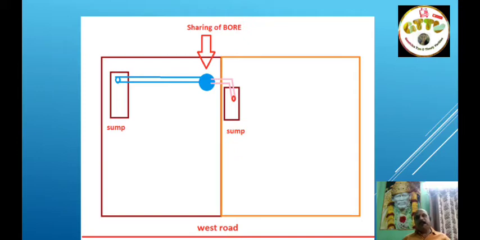They have an agreement, and that's the reason this person pumps the water into the sump and then to the overhead tank here, and then uses it. And this person has a sump over here, draws water from this, and then uses it. So now see clearly, a bore is shared by two persons adjacent to each other.